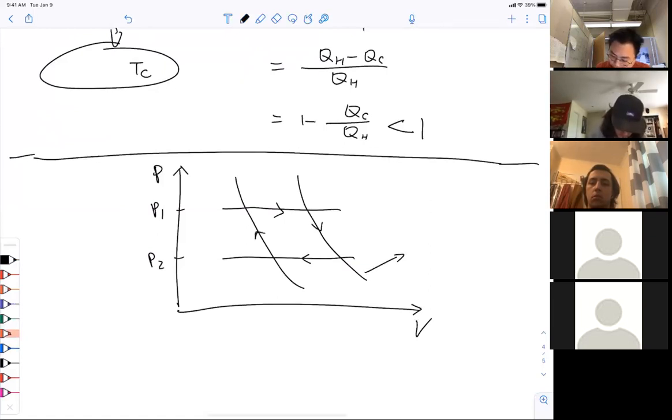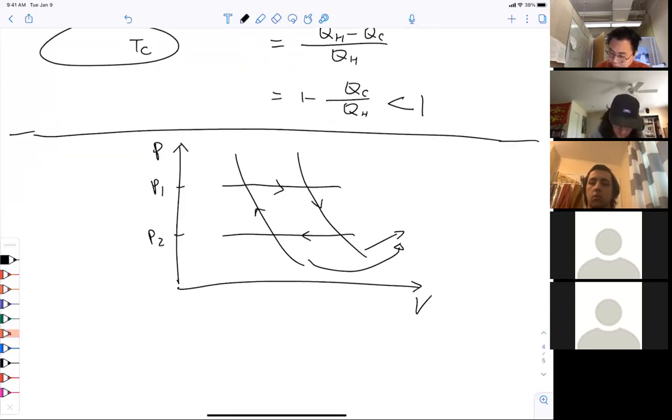So those two curves are adiabats. Let's call these points A, B, C, D. From A to B, the pressure is constant, and from B to C, there's no heat exchange between the system and the environment, and C to D, the pressure is also constant.